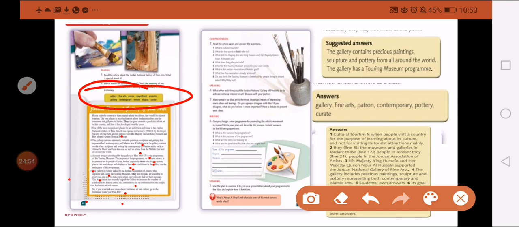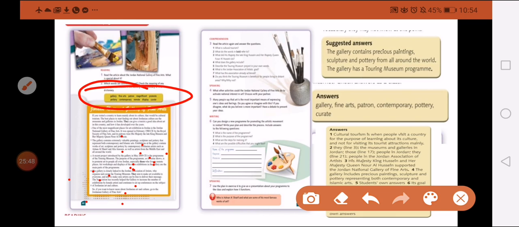They aim to make art available to everyone, and also to make sure artists can be free to deliver their message. إذن إلهم حرية توصيل إيش؟ Their message. They refers to the artists.